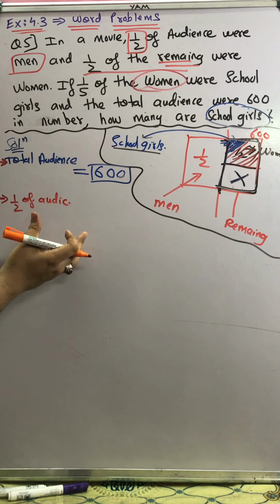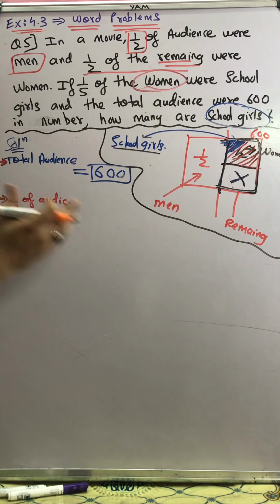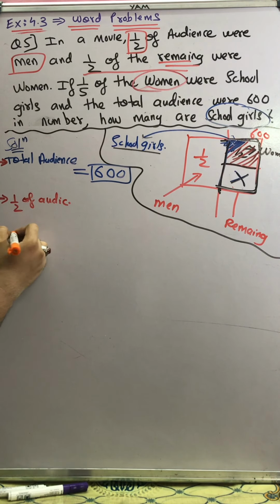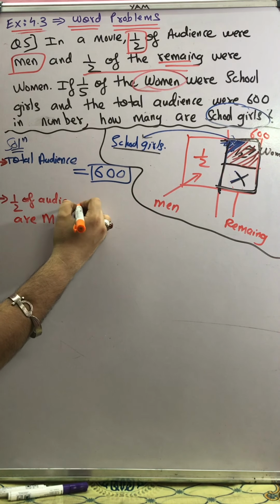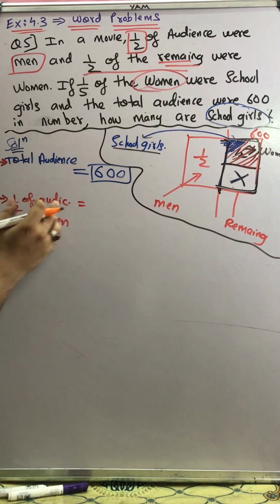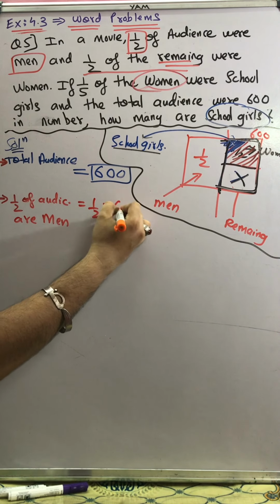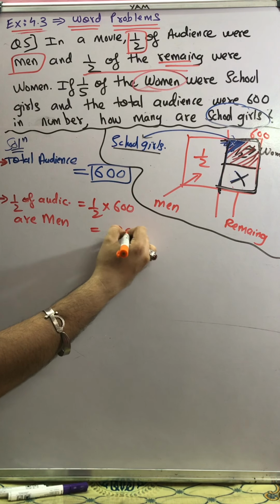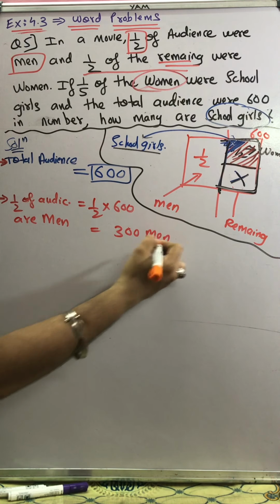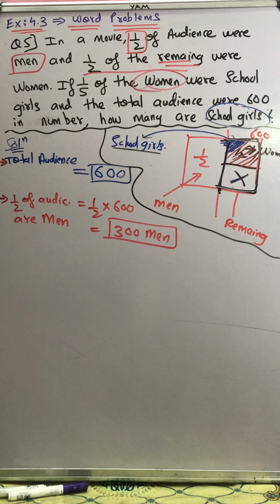I'm using short forms, you have to write the complete sentence. Half of audience are men. So half of what? Half of the complete audience. So half will be multiplied with 600, which is equal to 300 men. Yes, we have 300 men.